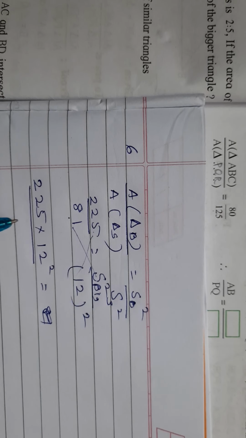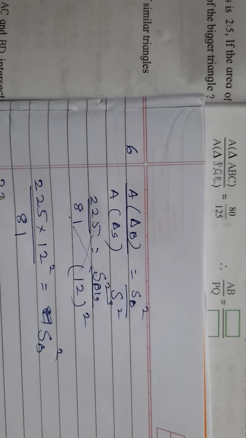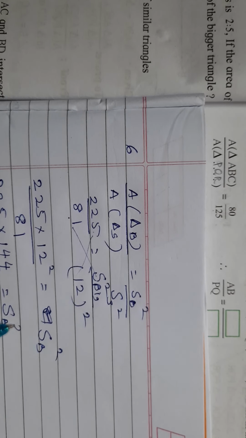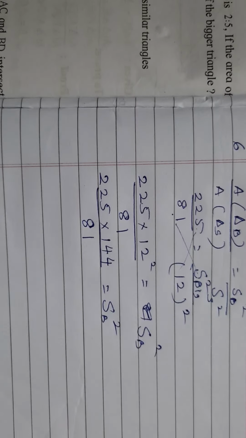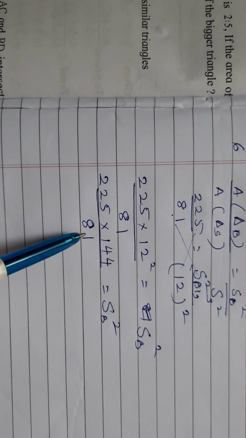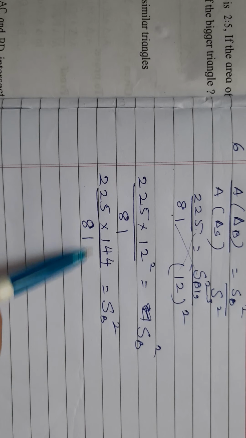I keep 81 as it is and keep the side of the bigger triangle on one side. So 225 into 144 upon 81 is equal to the bigger side square, and you can cancel this 9, it's in the table of 9, 9 nines are 81, and cancel and get the answer.